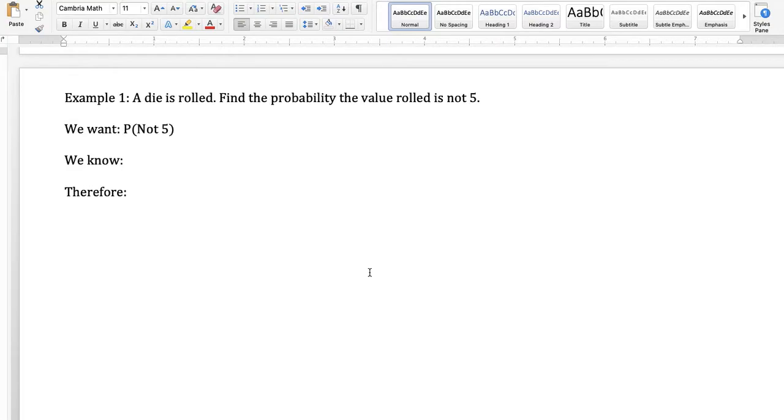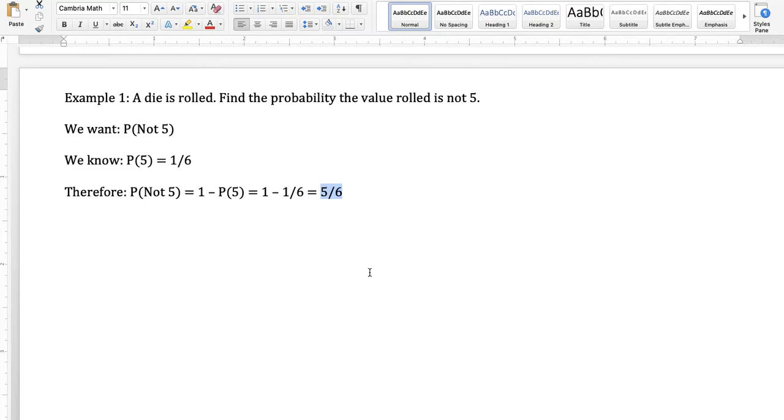Now we want the probability of not 5. Well, we know the probability of 5 is 1/6 because there are 6 sides on a normal die, and 5 is one of those sides. The probability of not 5 is then 1 minus the probability of 5, giving us 1 minus 1/6, which is 5/6. That is the sum of everything else that's out there.